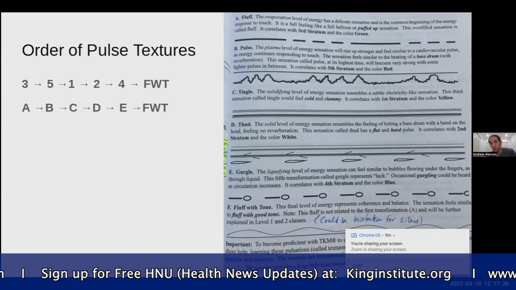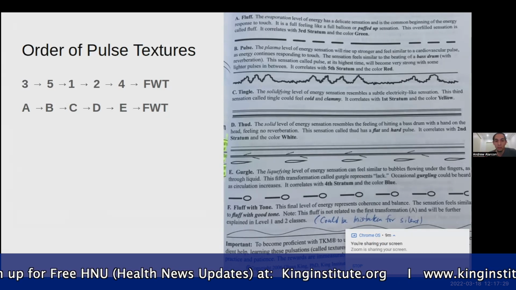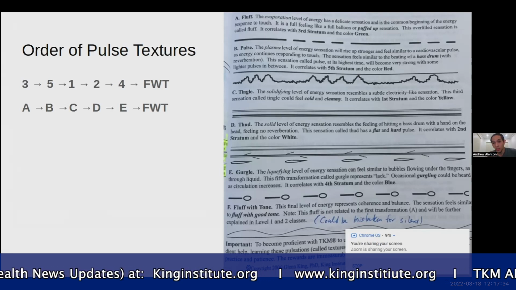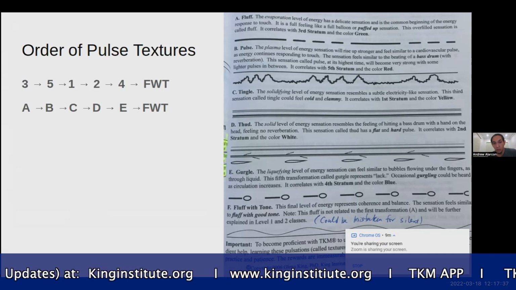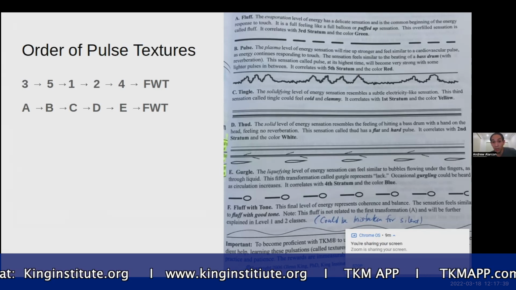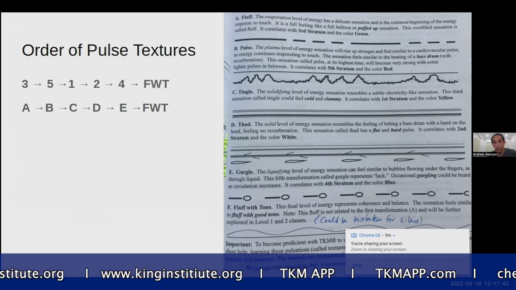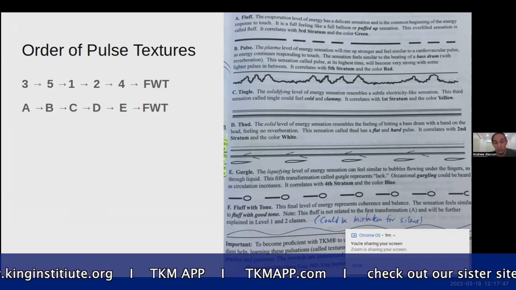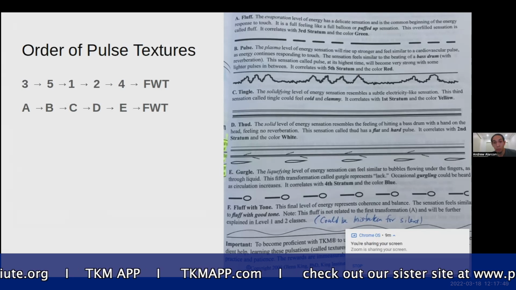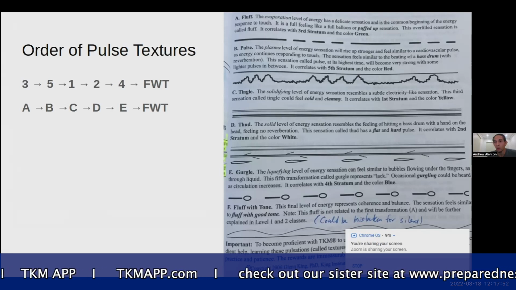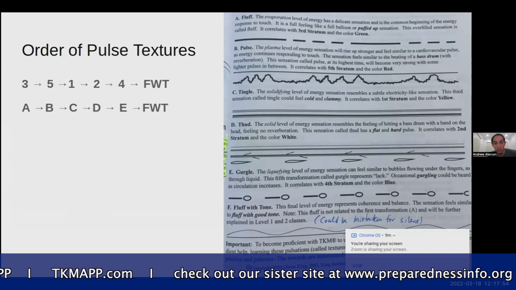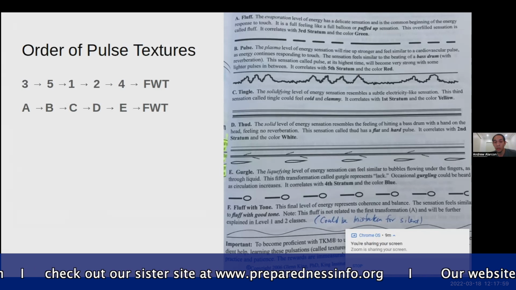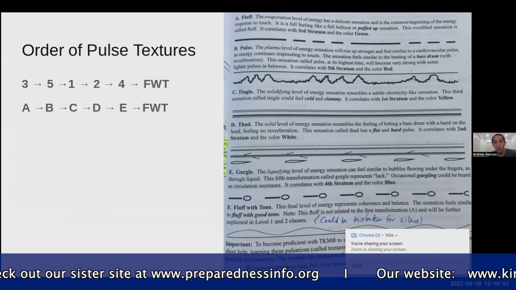Before I continue, I just wanted to say that you will not always feel the order of pulse textures this way, because sometimes you can't even feel pulses when you're trying to discern the pulses of a person. Not feeling any pulses doesn't mean that there's something wrong with what you're doing, or something wrong with the client or with the person receiving TKM. It's actually something that's called no pulses.